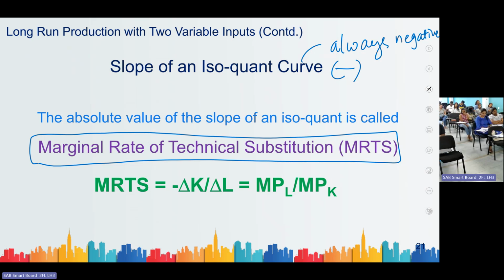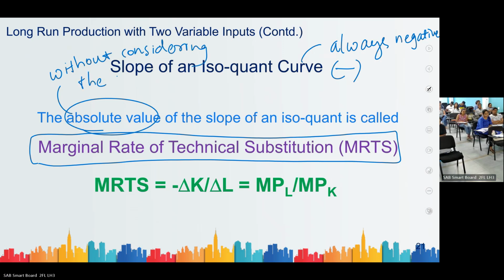Absolute value means without considering the sign of the value. When we express the value without considering its sign, then it's called the absolute value.